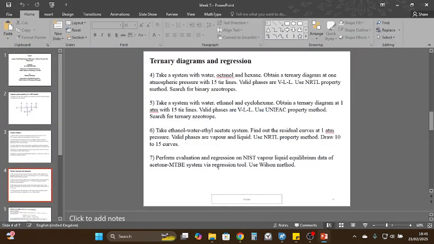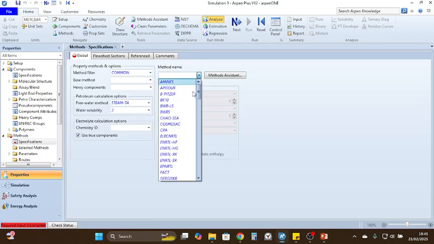The property method that we have is the NRTL property method.